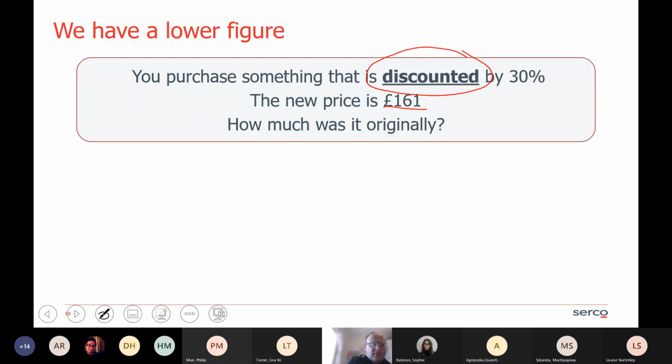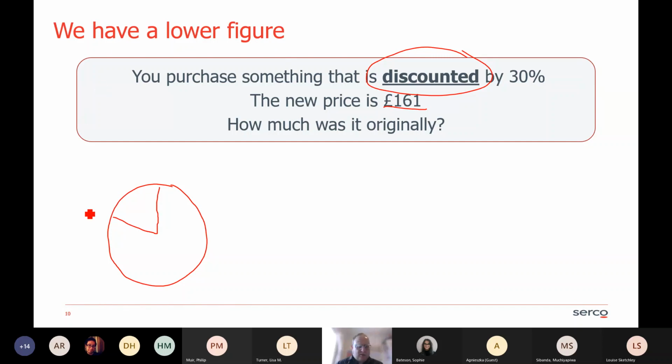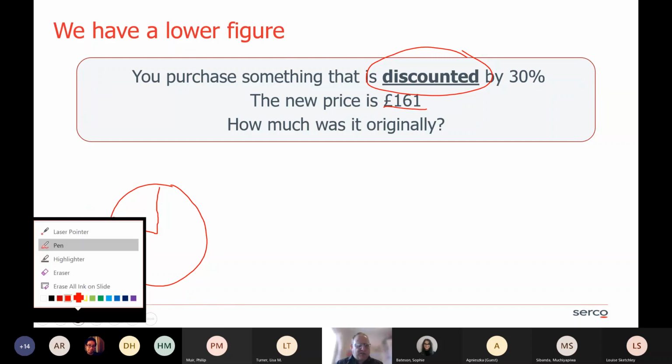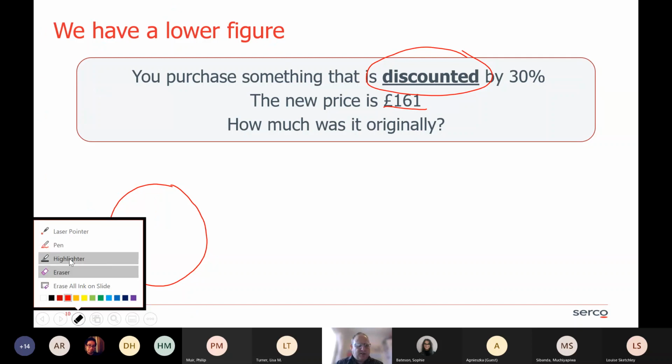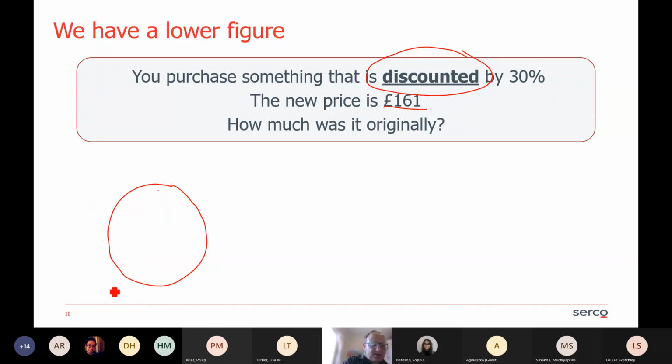So let's think of it like a pie chart, which is our whole thing. We've taken off 30%. So about that, no, more than that. With the screens, you can't erase it very easily. Okay, so we've taken off this much, which means that we've got this proportion left.